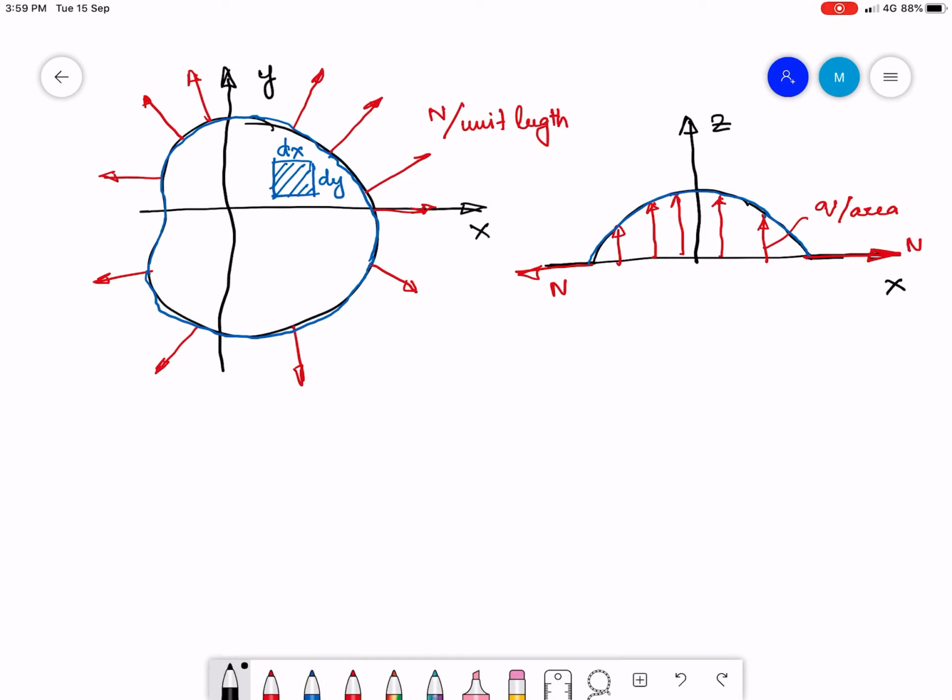So, I need to find out. Okay. So, let me draw the elemental area.